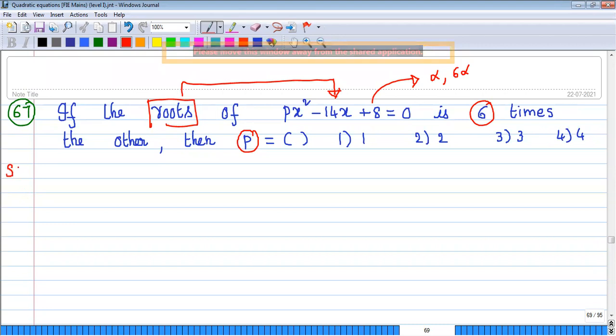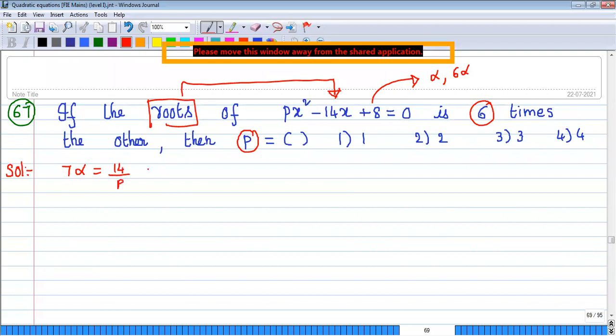The roots of px square minus 14x plus 8 equals 0 are alpha comma 6 alpha. Sum you find out, that is 7 alpha. Sum is equal to 7 alpha, which is alpha plus 6 alpha, equal to 14 by p. Obviously alpha is equal to 2 by p.